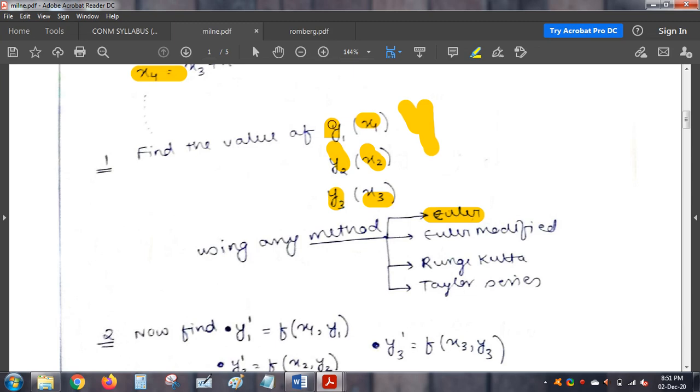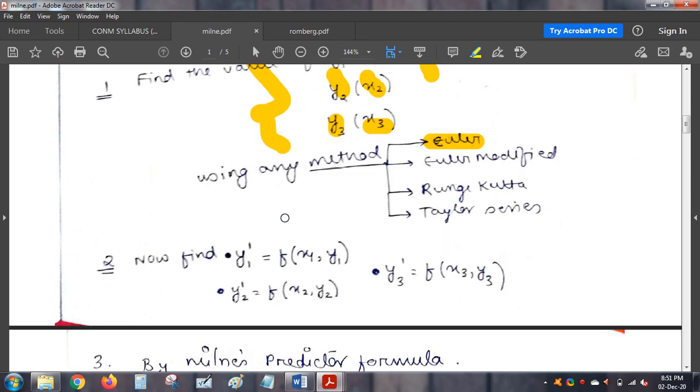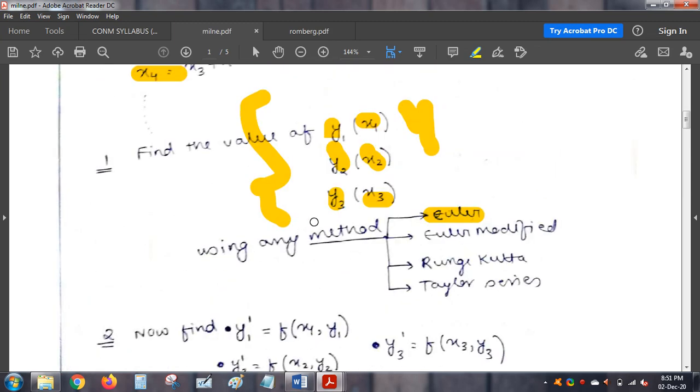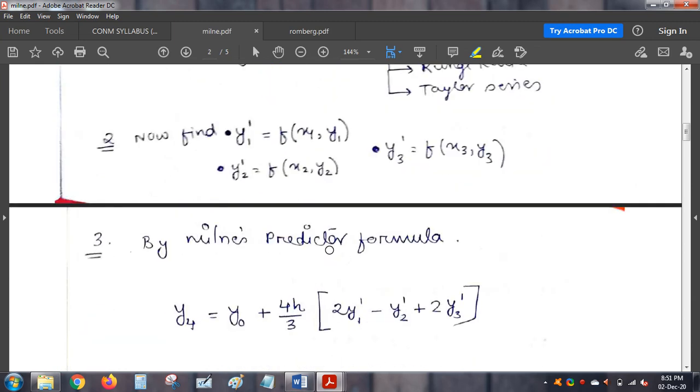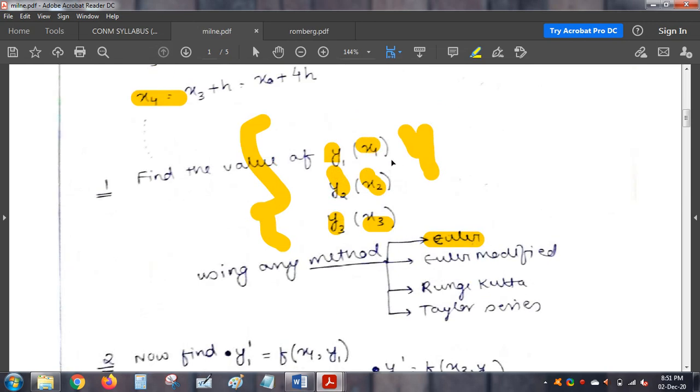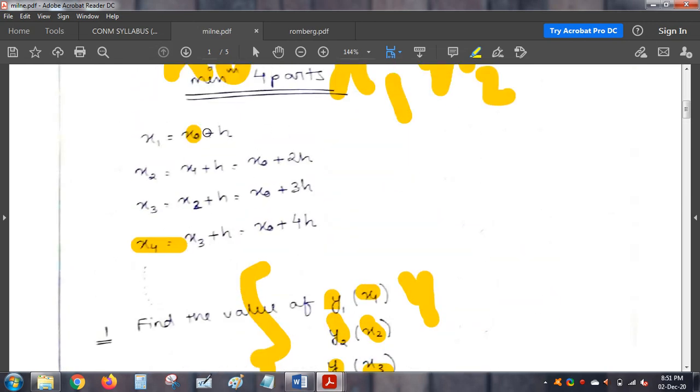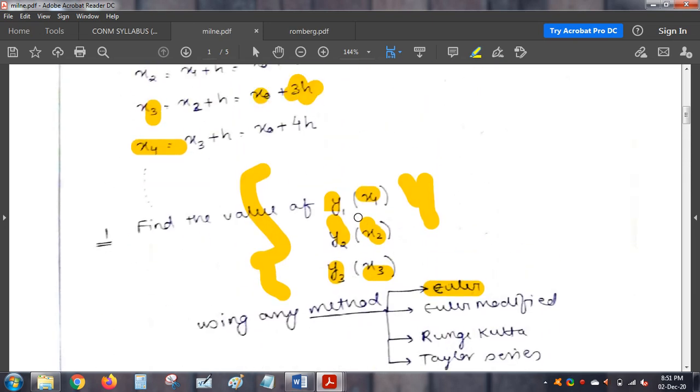Now once you have these y values, for the last value which you need to calculate, you need to use Milne's predictor and corrector formula. Now from where will you get your x1, x2, x3? All you have to do is add h to your x0, and if it is x3, then it will be x0 plus thrice of h. Now once you know that, by using either Euler, modified Euler, Runge-Kutta or Taylor series, you calculate your y.